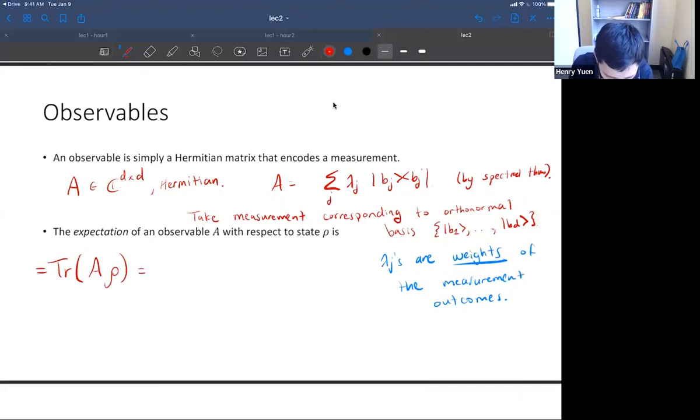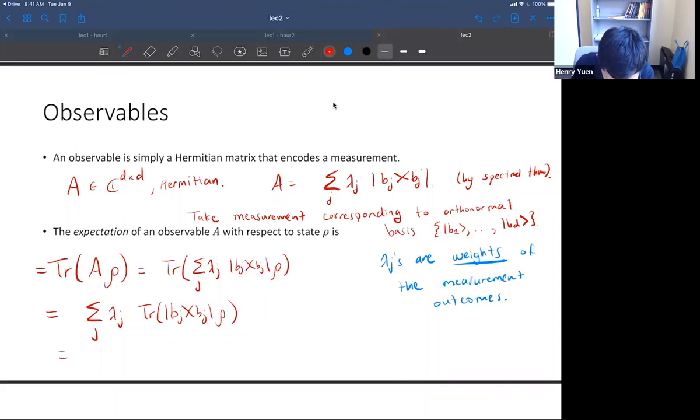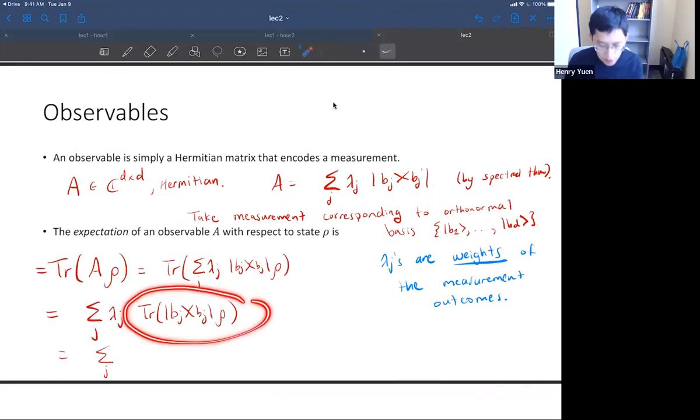So let's just expand out the definition of this diagonalization of A. So this is summation of lambda j, Bj Bj, rho. Trace is linear, so let's pull out the sum. And we see that we have this trace of the product of rho times this projector Bj Bj.